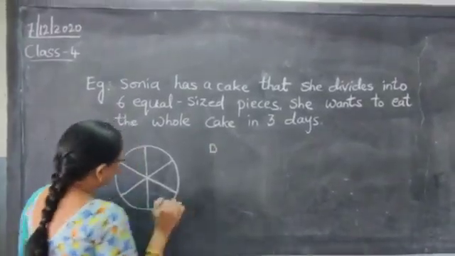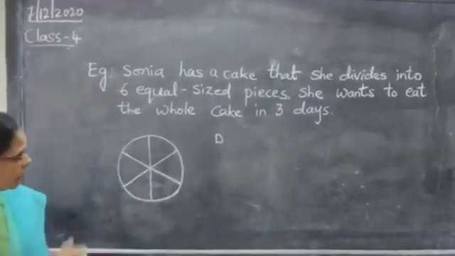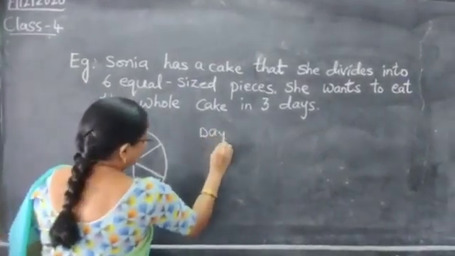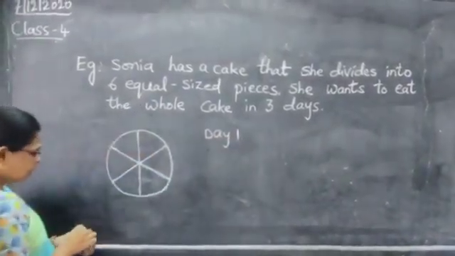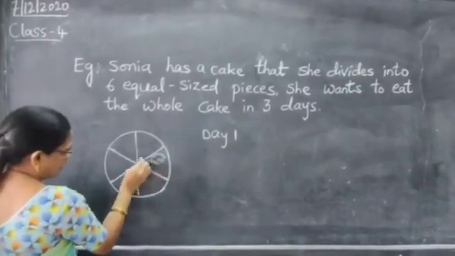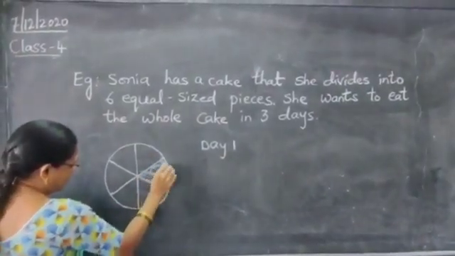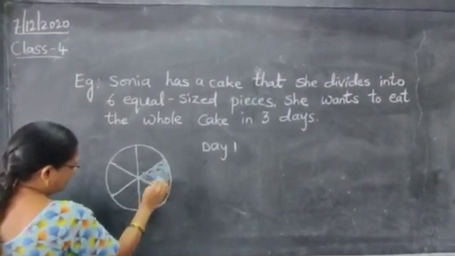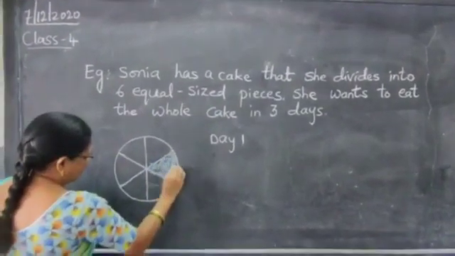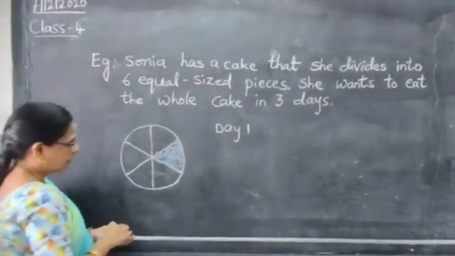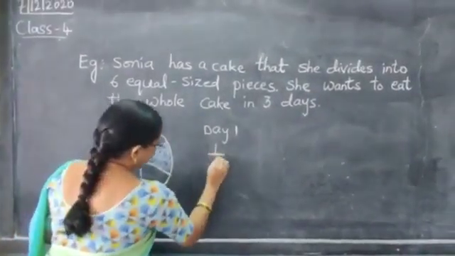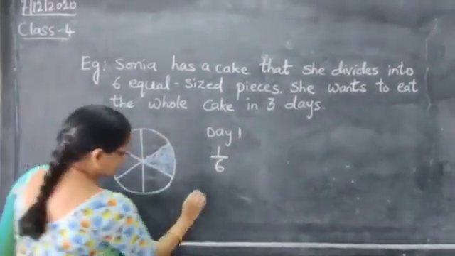Day 1, what fraction of the cake does she eat, children? On day 1 she eats 1 part of the cake, that is 1 by 6.